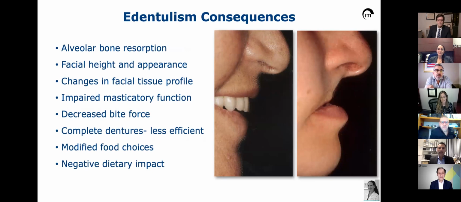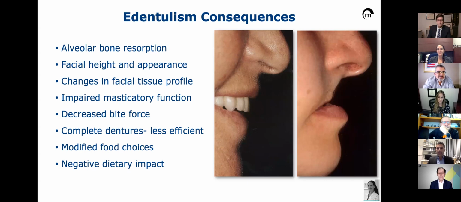Edentulism consequences are vast, and you can see here, not only do we often have alveolar bone resorption, but we change our facial appearance, both the height and the overall appearance. The profile is significantly changed, like you can see in this picture here. Obviously, the patients have decreased masticatory function and bite force. The pictures of eating the apple with implants always capture our attention.